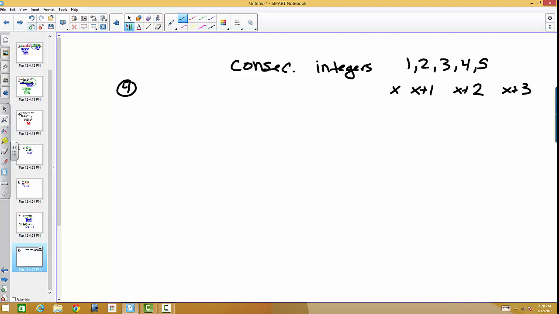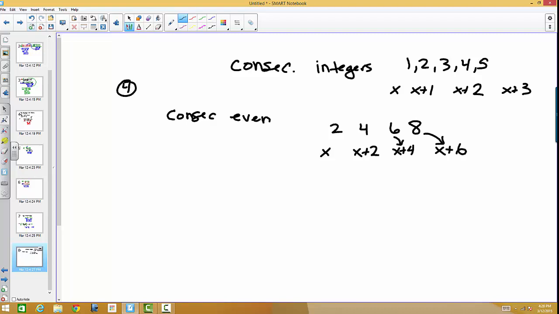Now in 4, it says you have consecutive even numbers. So even numbers are like 2, 4, 6, 8. So these numbers are x, and then x plus 2, and then x plus 4, and then x plus 6. Because that's 2 plus 6 is 8, 2 plus 4 is 6, 2 plus 2 is 4.